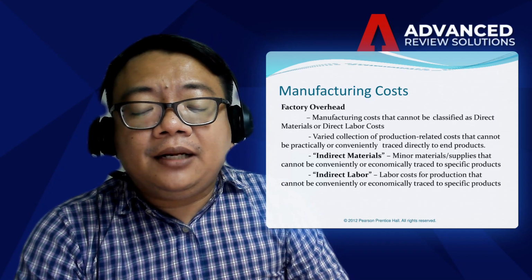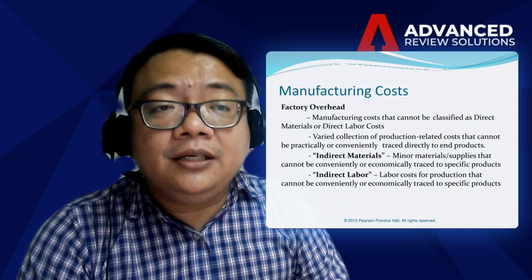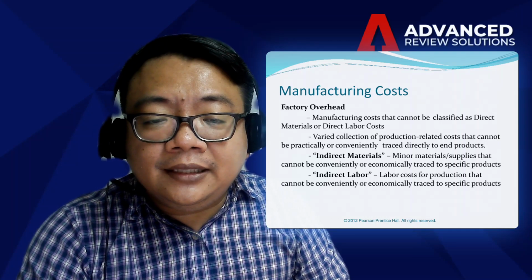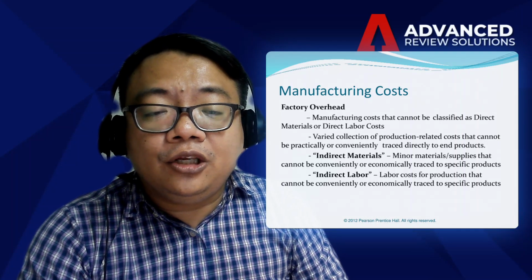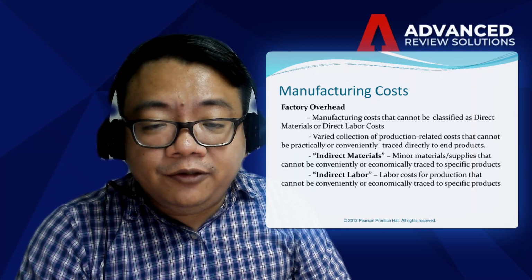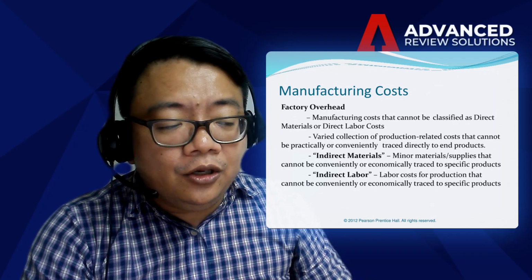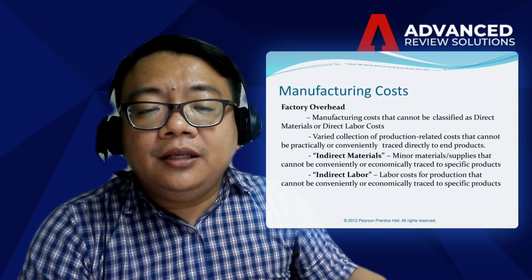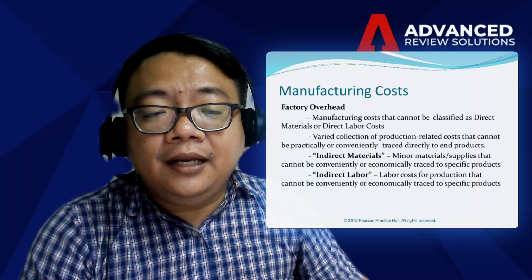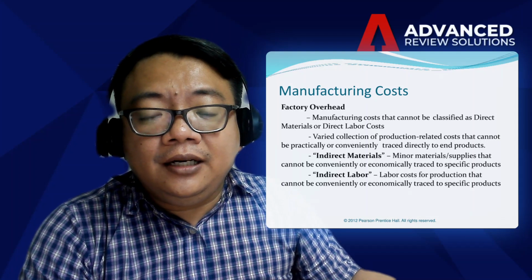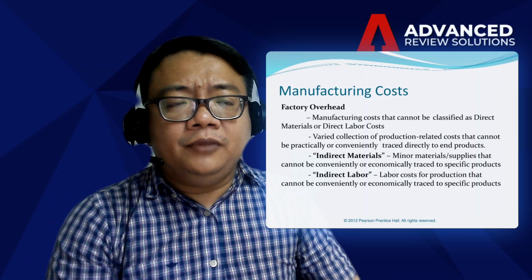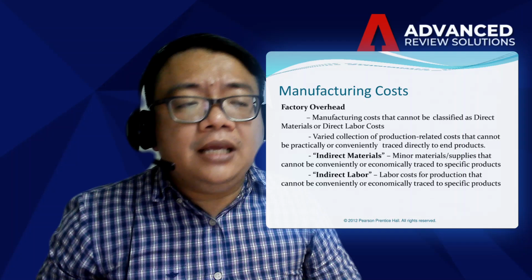So what is indirect materials? Minor materials, supplies that cannot be conveniently or economically traced to the specific products. Ibig sabihin, yung pako, yung tornilyo sa paggamit ng table ay part of indirect materials. They are economically traced. Sir, paano yun? Kung walang pako, wala naman tayong table and chairs.